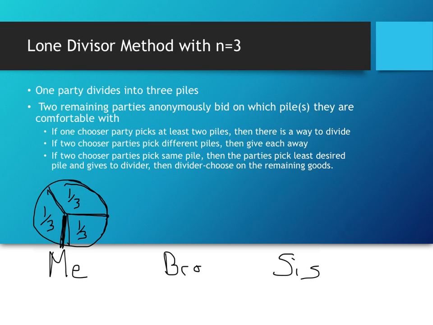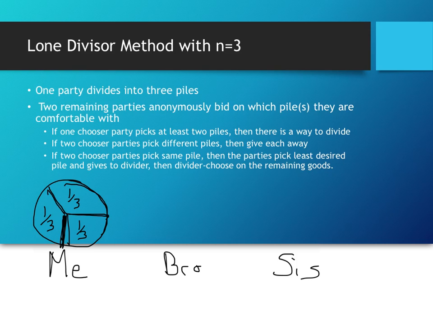Now, it wouldn't be fair to let one of these people go first. So it wouldn't be fair to let the brother pick one of these piles and then the sister pick another one, because the sister may have valued this pile at, let's pretend, 60%. And so if you let the brother go first and they pick that pile, then obviously she doesn't get her fair share.